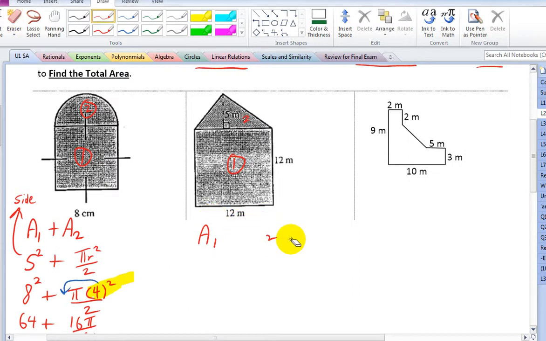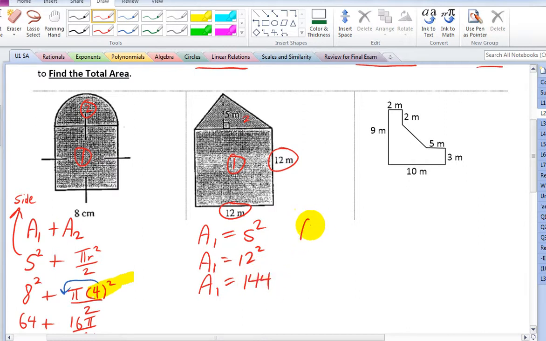What you can do is just figure out area 1. Area 1 equals s squared because it's a square, right? 12 and 12 makes it a square. So area 1 equals 12 squared. Don't use your calculator for that. You've got to exercise your brain a little. So it's 144. Area 2, what shape is it? Triangle. And that one's base times height divided by 2. So you can substitute in and find that one.